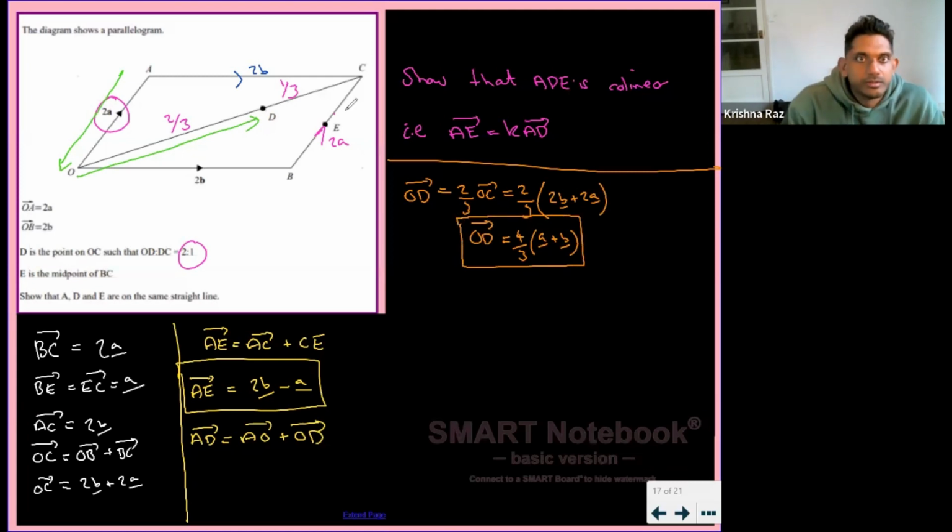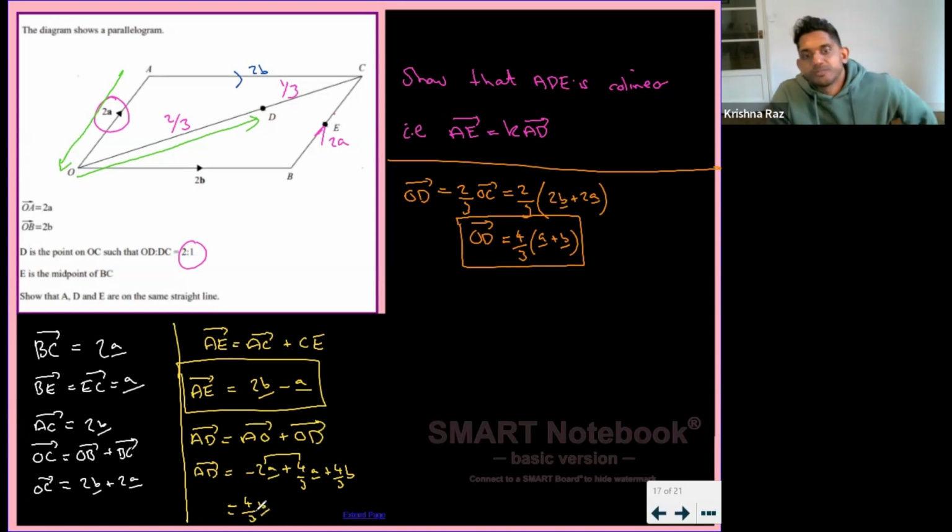Dun, dun, dun. So AD is AO, which is negative 2A, plus OD, which we've just found, which is 4/3 A plus 4/3 B. Yeah, so we've got 4/3 B plus whatever 4/3, 1 1/3 take away 2 is minus 2/3.